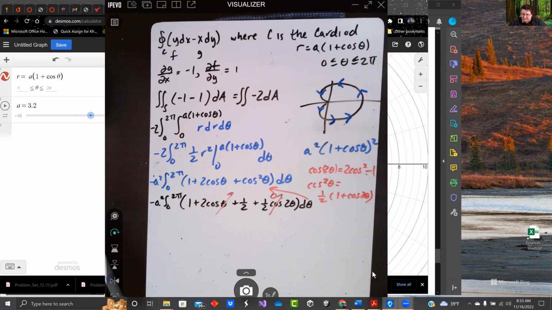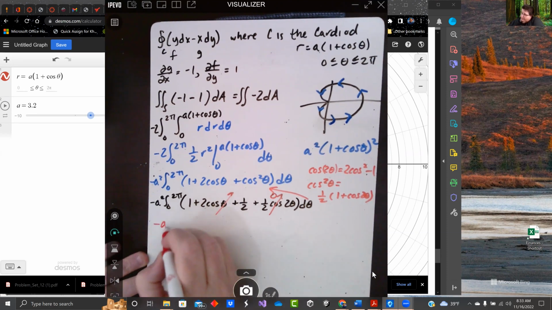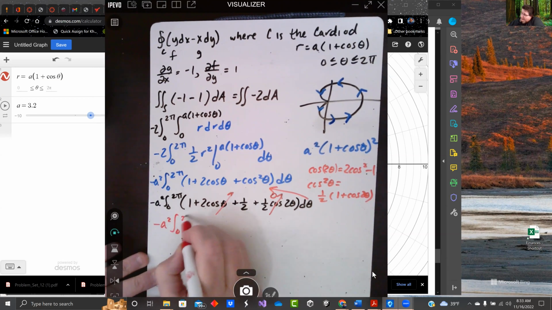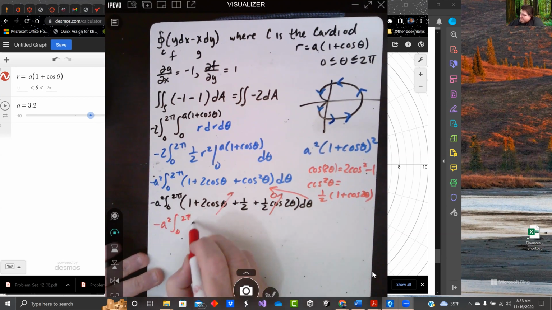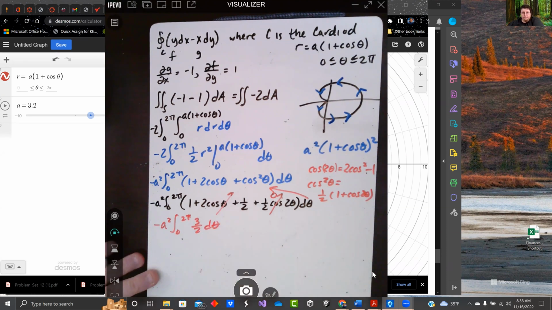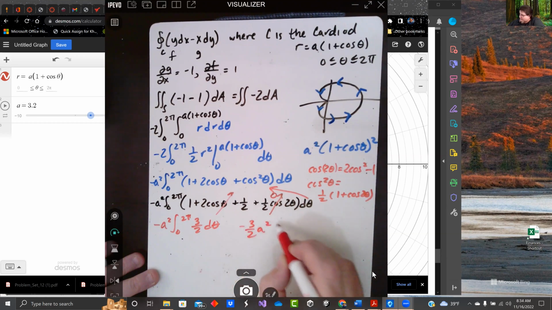This all boils down to negative a squared, 0 to 2 pi, 1 plus 1/2 is 3/2 d theta. So we have negative 3/2 a squared times theta evaluated from 0 to 2 pi.